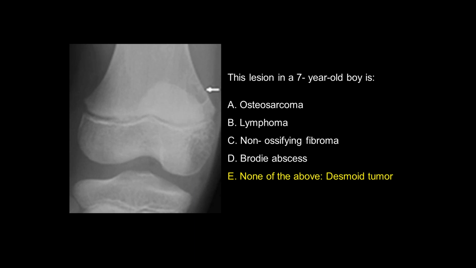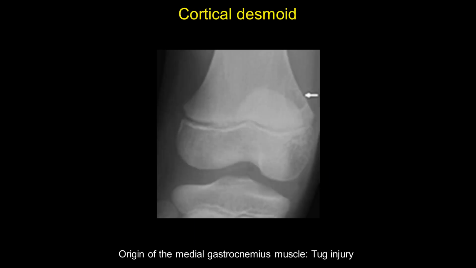And the most commonly used one is a desmoid tumor. So a desmoid tumor or a cortical desmoid is not a tumor, but it's a tug injury. So it's a tug lesion at the site of the origin of the medial gastroc muscle.